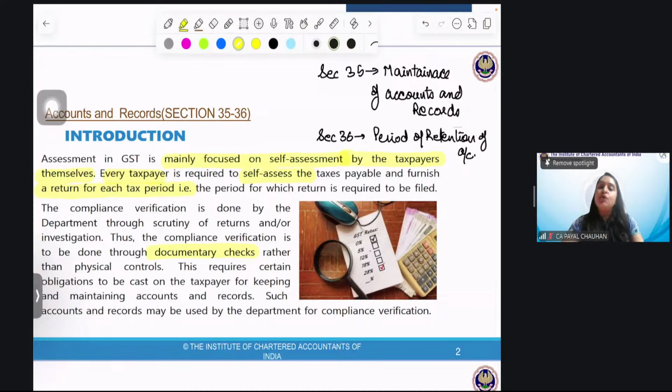Since we have more of documentary control, the department will check your documents when the supplier has made the document, right? Now, such accounts and records may be used by the department for compliance verification. Very important. You are complying with the rules and regulations section of the Act. So, making of accounts and records is for compliance verification.